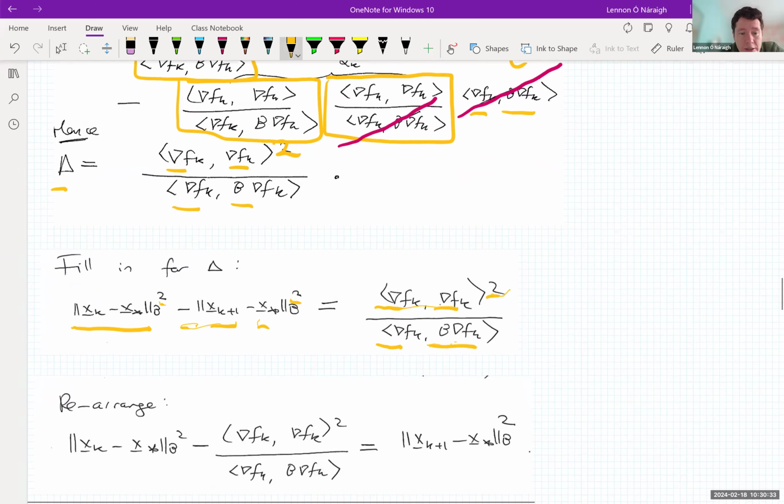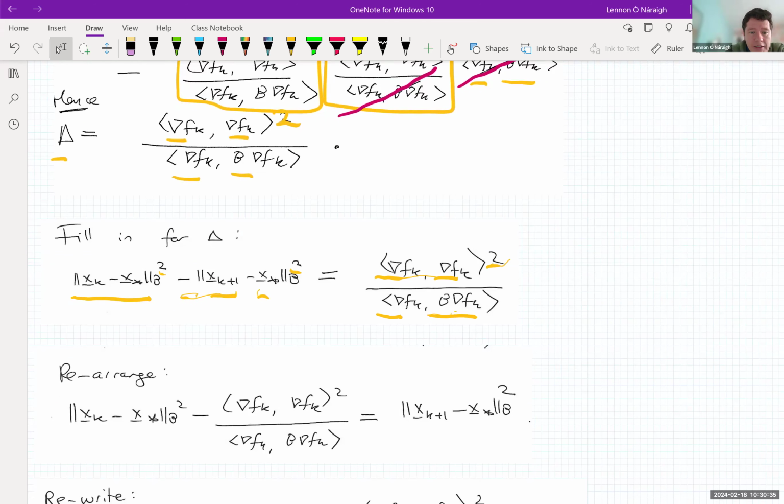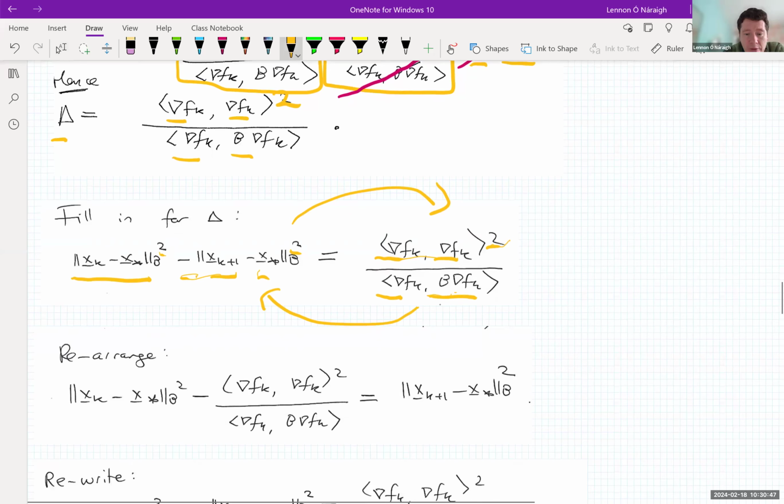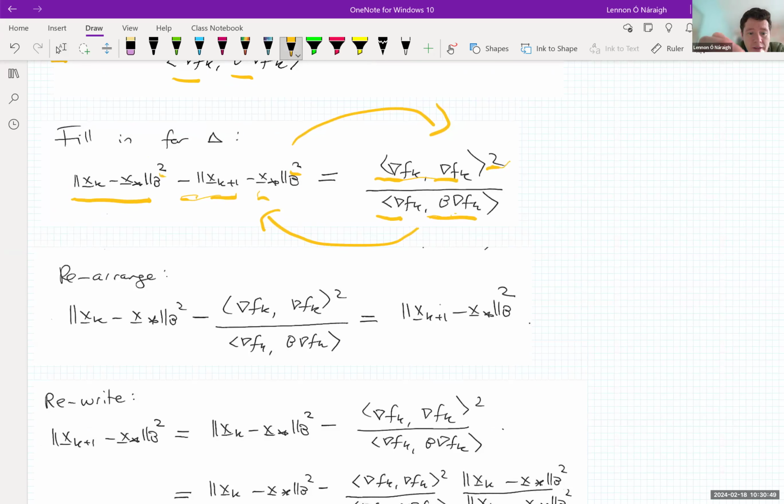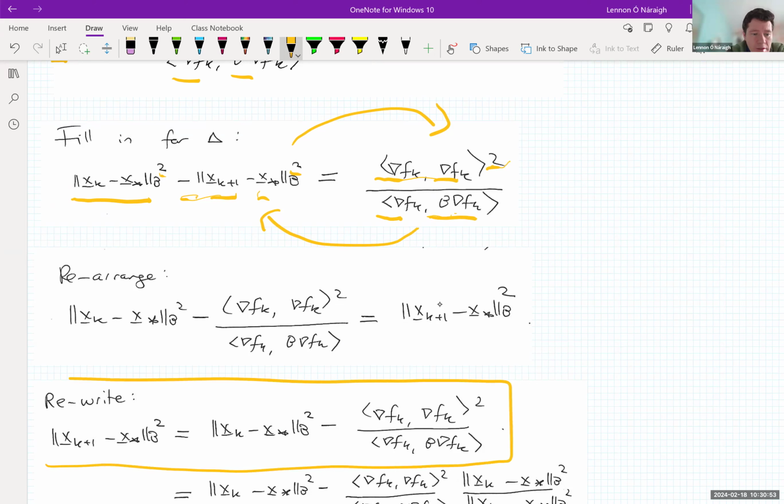And I just rearrange. So I take the xk plus 1 over to the right, and I take the combination of dot products over to the left, and I just rewrite this like so, and this is my key result.